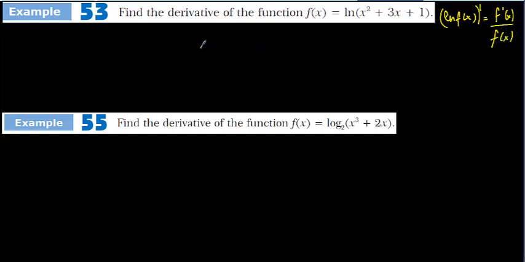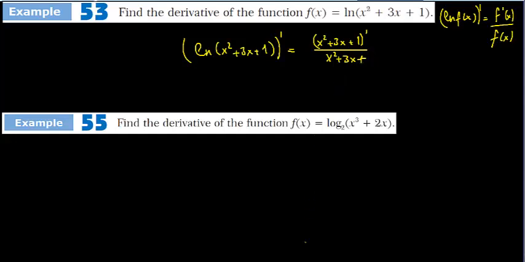So here the derivative of ln of x squared plus 3x plus 1 is going to be equal to the derivative of x squared plus 3x plus 1 over x squared plus 3x plus 1. x squared plus 3x plus 1 is the function, so it's f'(x) over f(x).